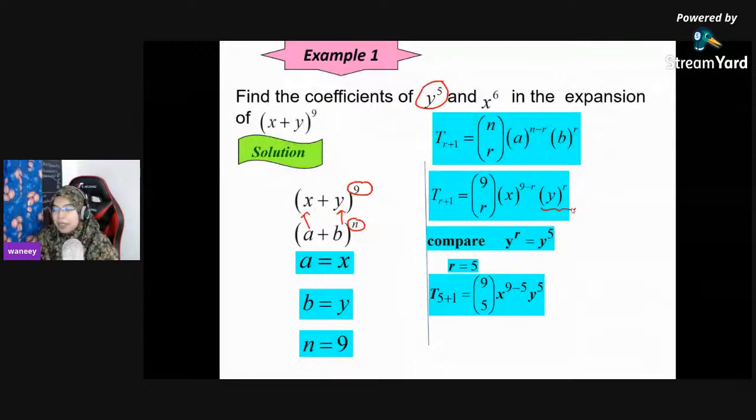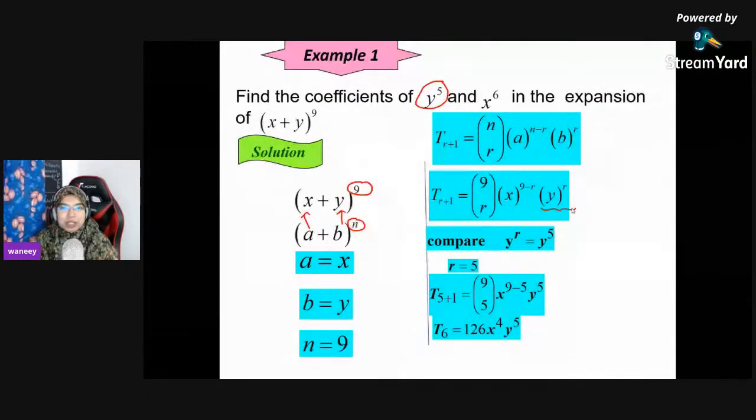Simplify them a little bit. 9C5, you can actually simplify it. So it will become 126 x to the power of 4, y to the power of 5. Okay, so if you read the question very carefully, we said find the coefficient. So this is actually the term. This is not the coefficient yet. I simply want the coefficient of y to the power of 5.